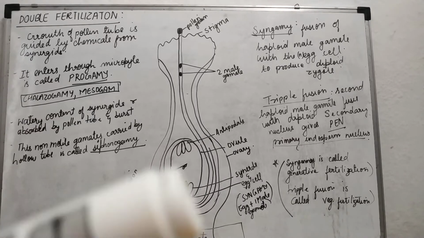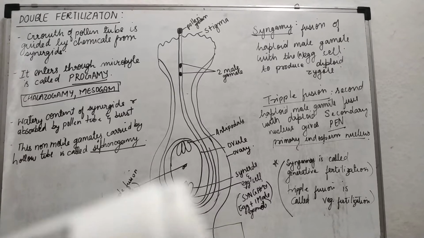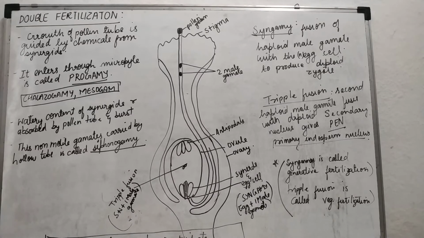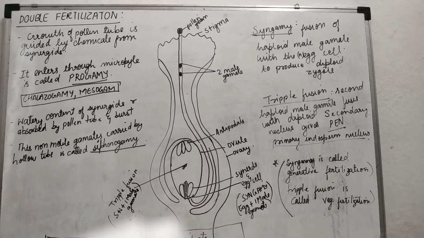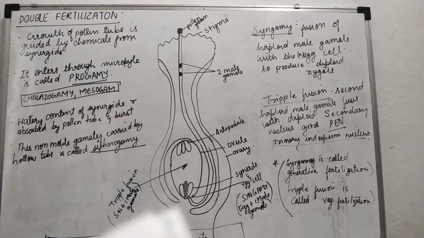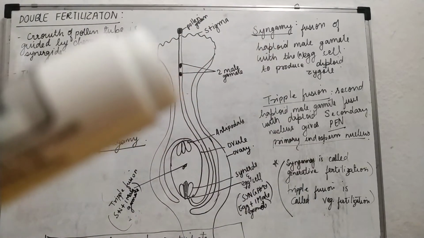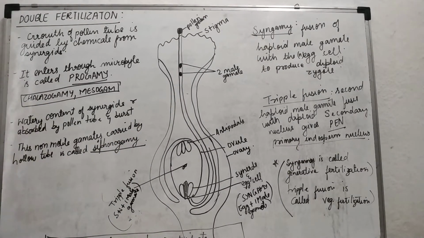This secondary nucleus, when it fuses with the second haploid male gamete, gives PEN, the primary endosperm nucleus, which further divides to give us the triploid endosperm.